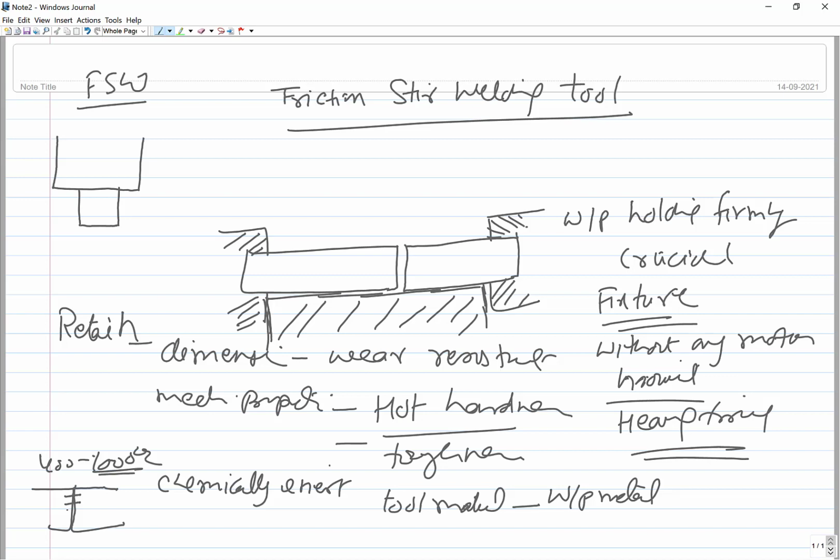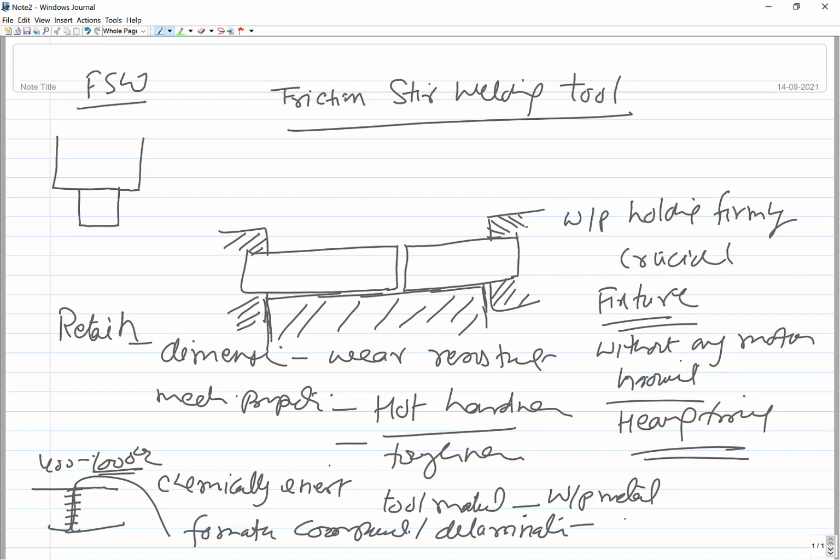So when the two metals are interacting at a high temperature in direct metal to metal contact, with a relative motion as well, this kind of interaction can lead to the formation of some kind of compounds. Okay, and these compounds may get delaminated or removed during the welding.